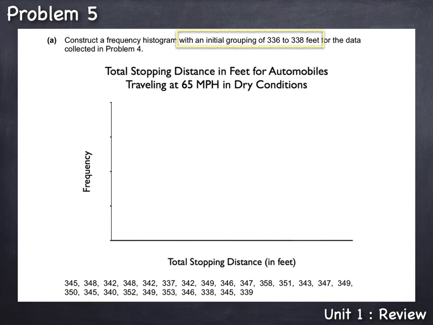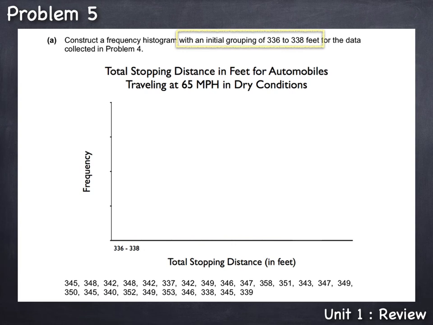So the first group that we are labeling ranges from 336 to 338 feet. The problem gives us our initial grouping, and now we need to complete the rest of the scale by finishing this pattern of groupings.